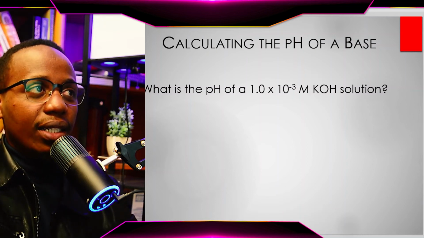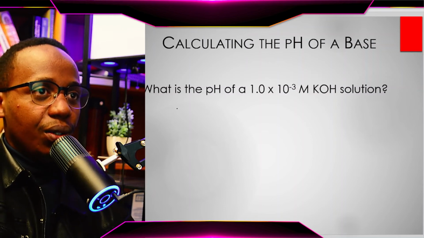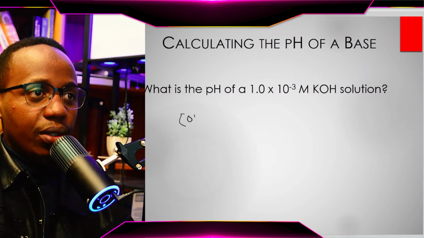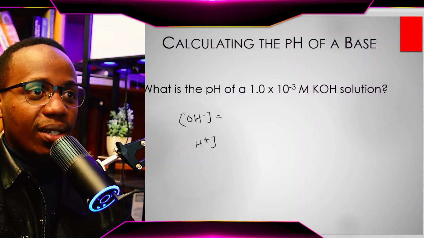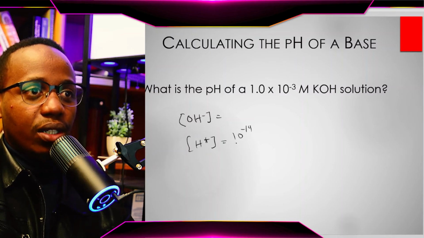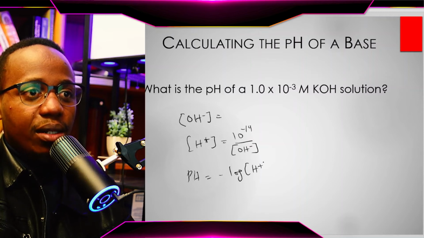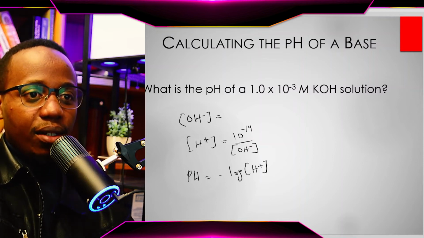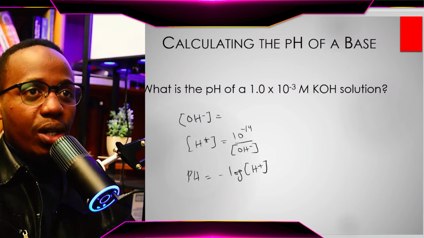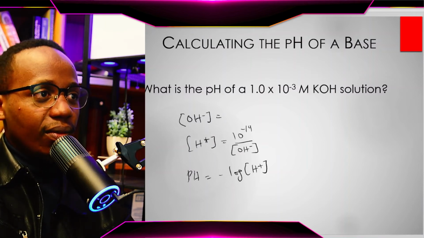And then after you calculate the OH concentration, we have it. The H plus concentration, we calculated from 10 to the negative 14 over OH minus concentration. And then pH, we calculated from negative log of H plus. Pretty easy, pretty straightforward. All right.